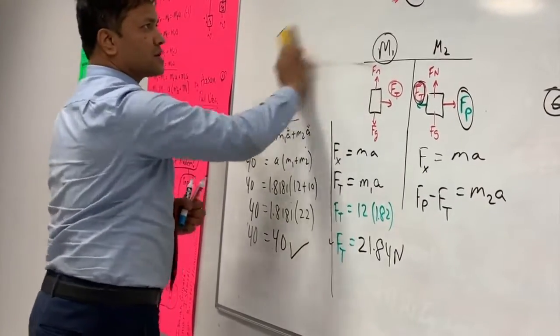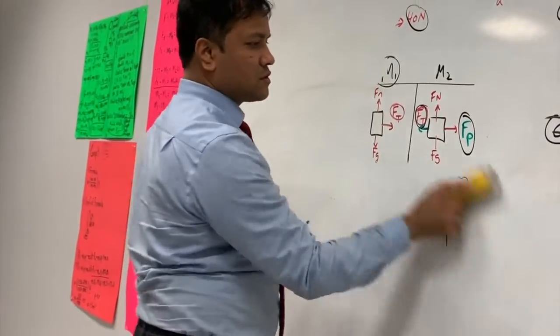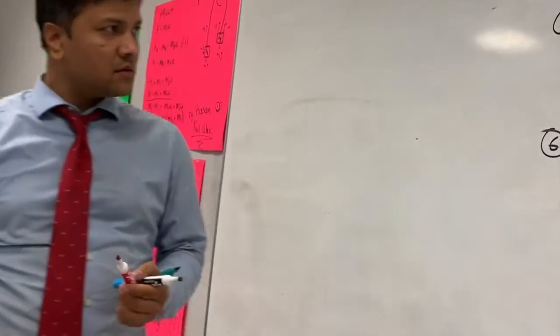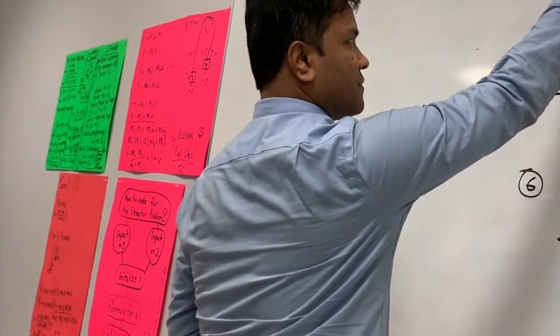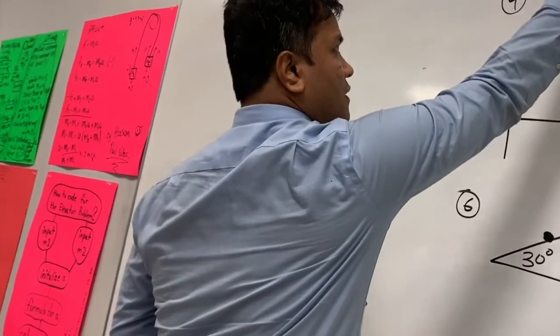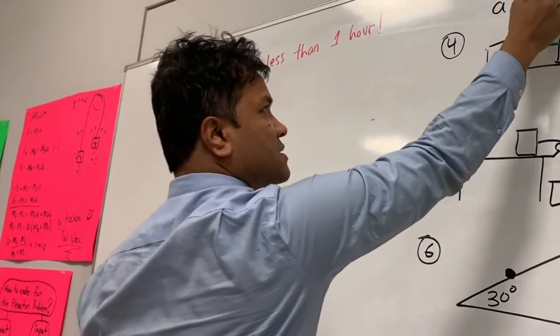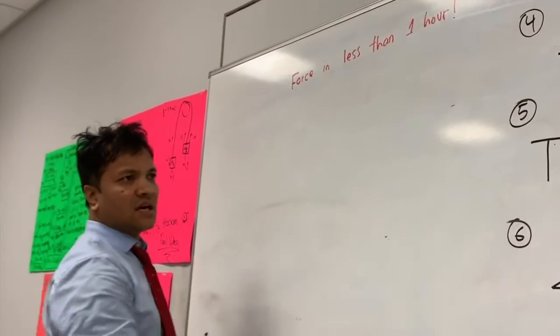So now we're going to solve the next one. Which one is the next one? The next one is number 5. But for number 4, I'm going to put the equation over here for you to see: M1 plus M2. So number 5, as you see, is a little different.